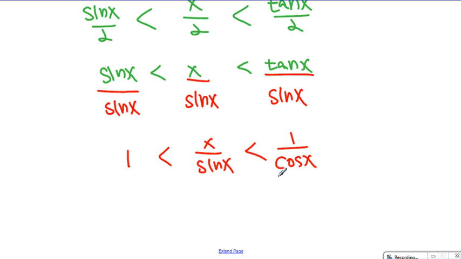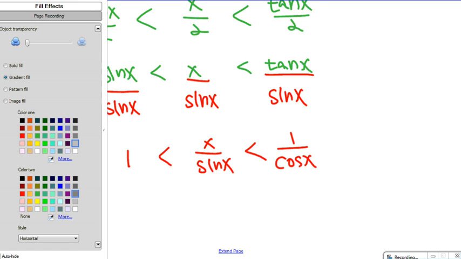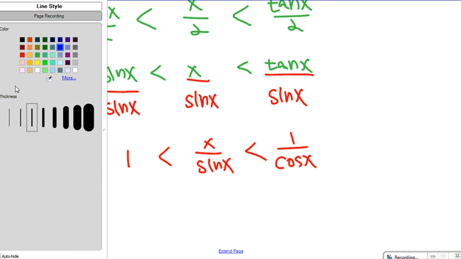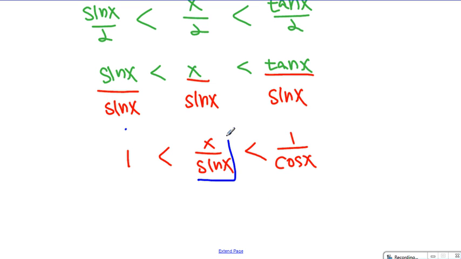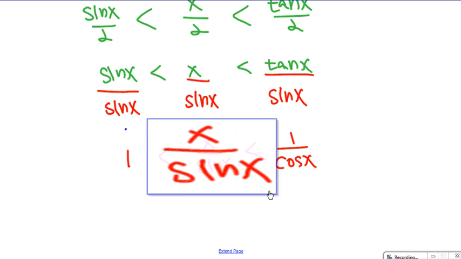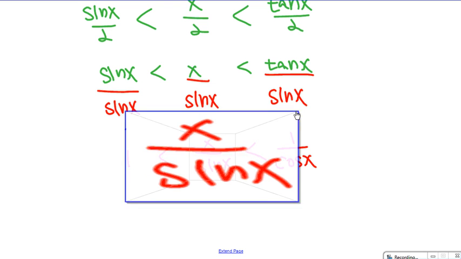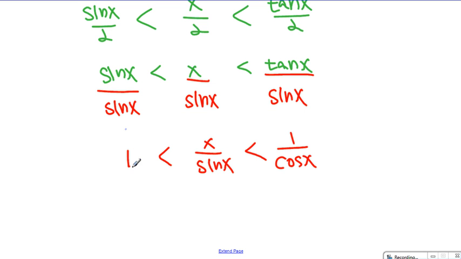Since the values are in this way, x over sine of x is between 1 and 1 over cosine of x.